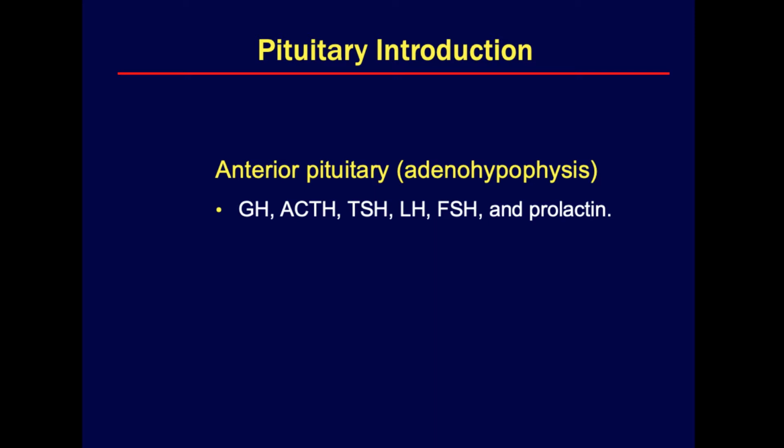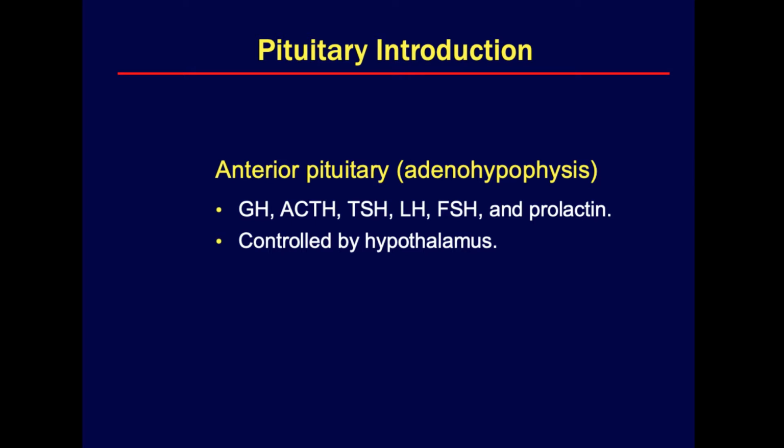The anterior pituitary is referred to as the adenohypophysis, and it secretes several different hormones. So you have growth hormone, you have adrenocorticotropic hormone, you have thyroid stimulating hormone, luteinizing hormone, follicle stimulating hormone, and prolactin.